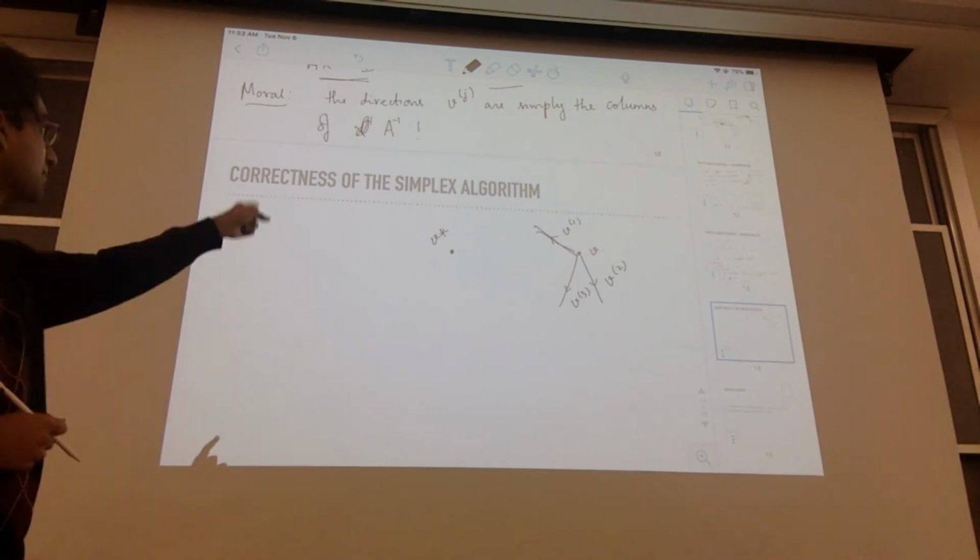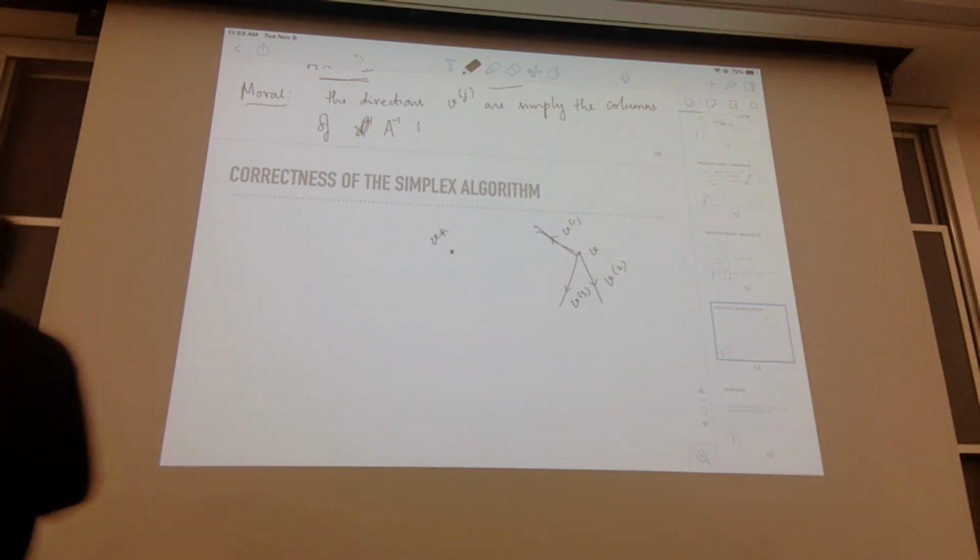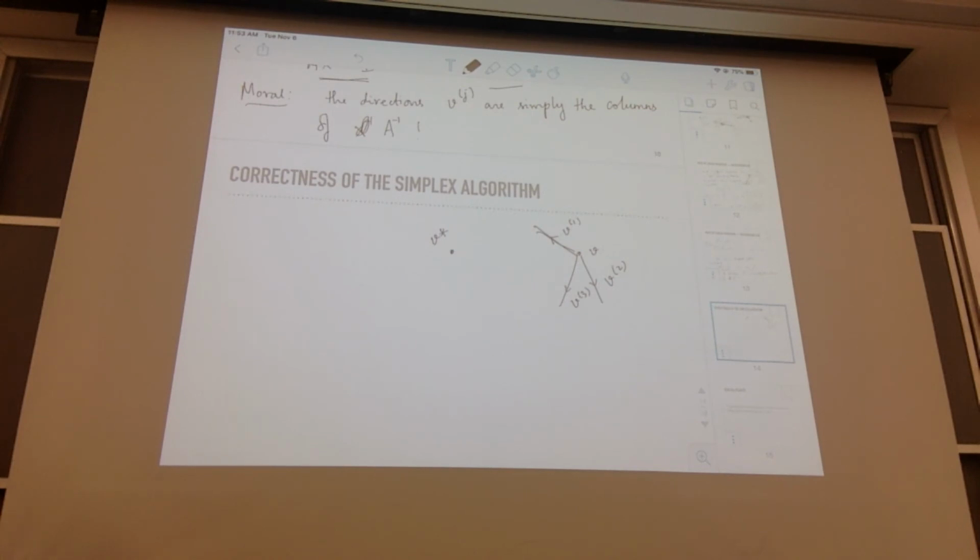V star is the optimum value, and the claim that we want to prove is that if C transpose V star is less than C transpose V, then there exists some j such that C transpose of V plus Vj is also less than C transpose V. I have to be a bit more careful here.